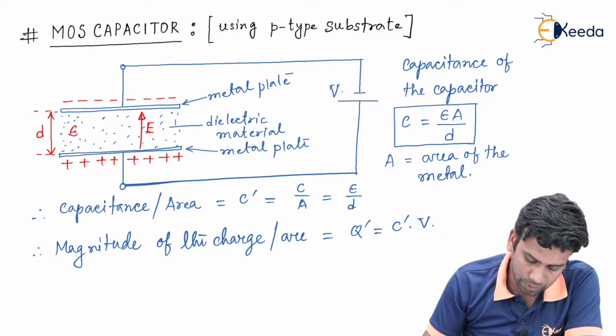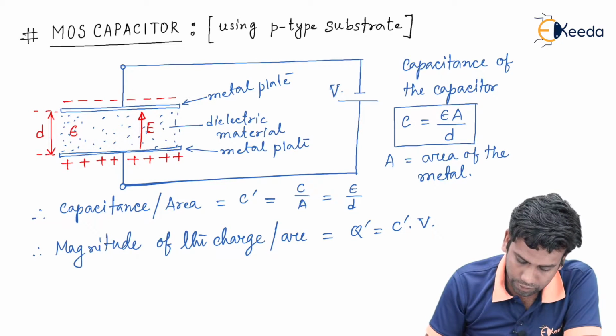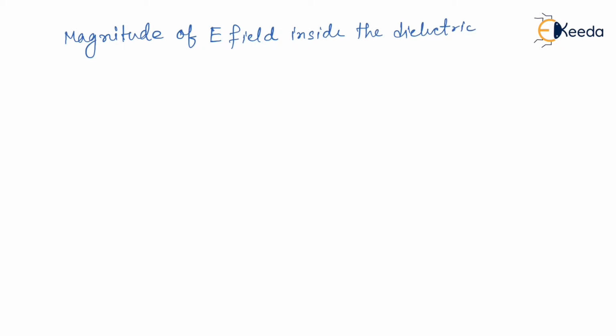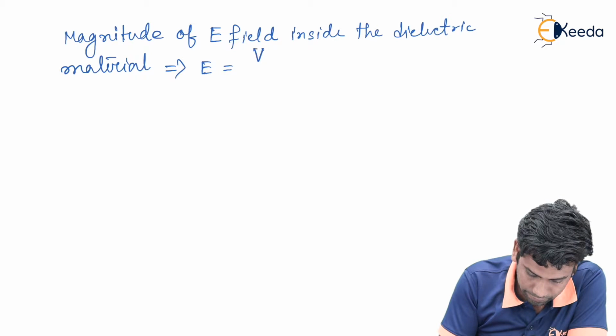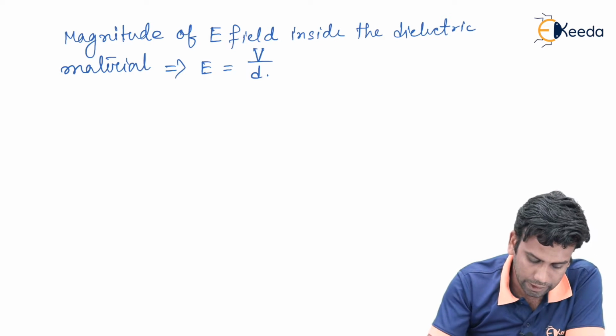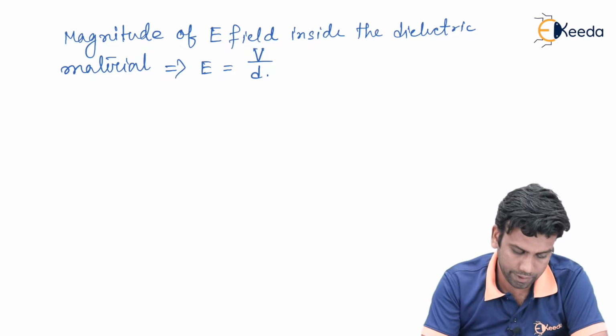The magnitude of the electric field existing inside the dielectric material can also be found, and this will be equal to capital E equals capital V divided by the distance between the two plates.